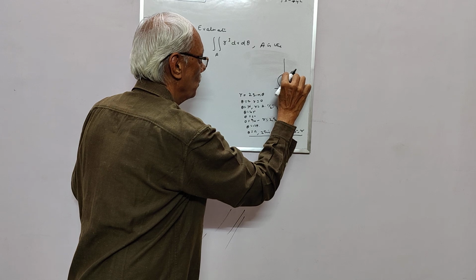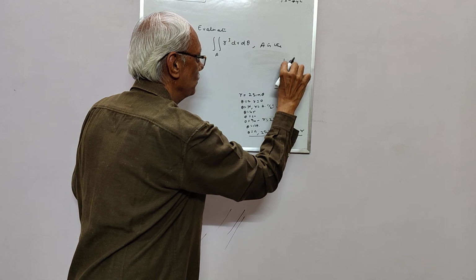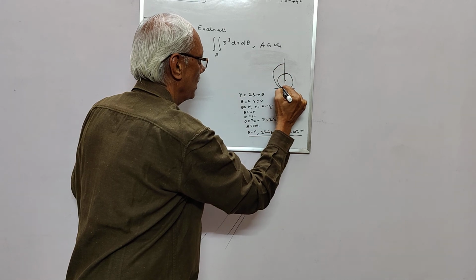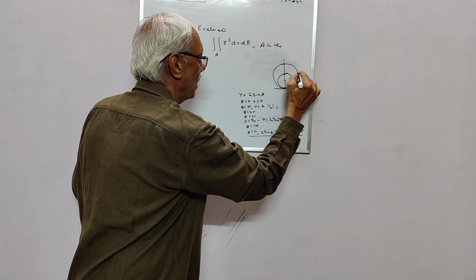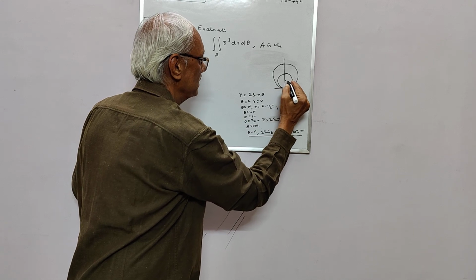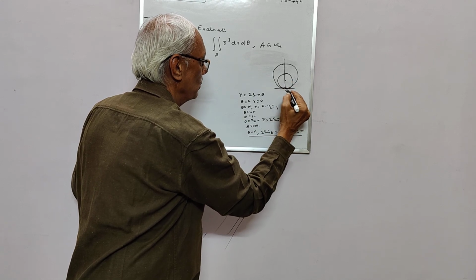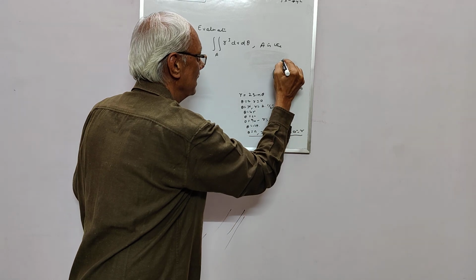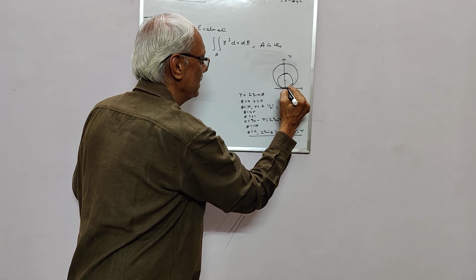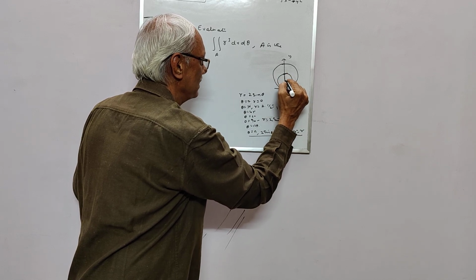And this is 1, this is 2, 4 here. So you see that this is your 0, this is your x-axis, and now you have to mark theta is equal to 30 degrees, 45 degrees, and 90 degrees.